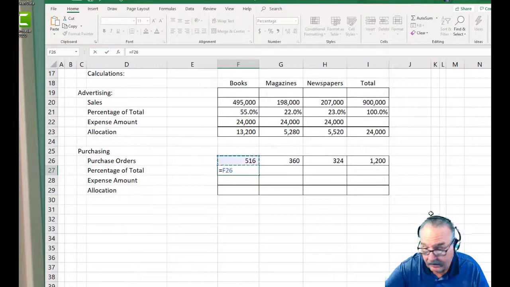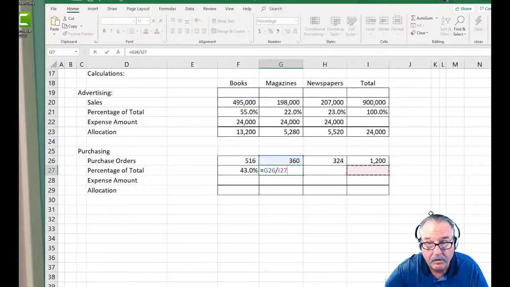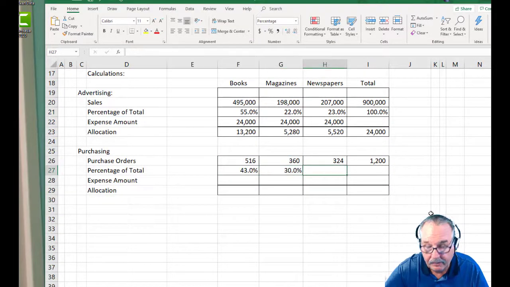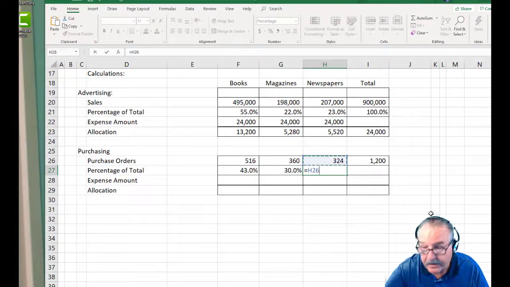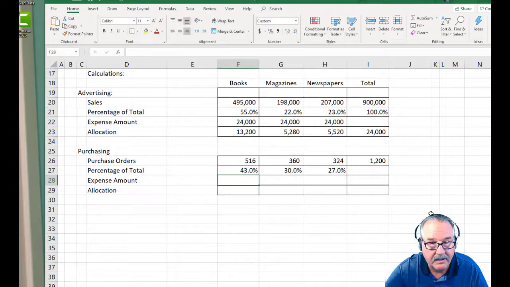If I calculate the percentage of the total, I get 43% for the book department, 30% for the magazine department, and 27% for newspapers.